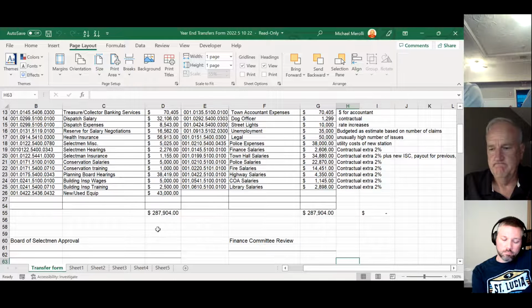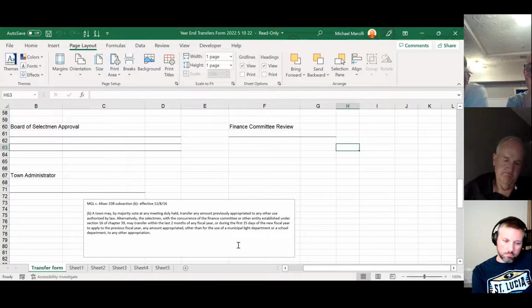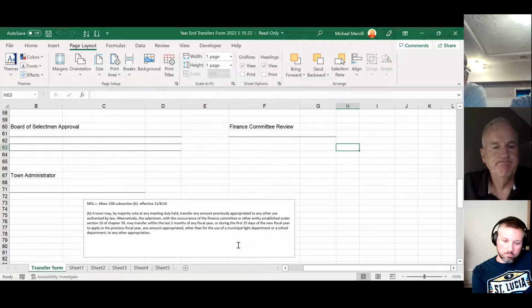She's got it right here. Okay. Let me just read it. A town may, by majority vote of any meeting duly held, transfer any amount previously appropriated to any other use authorized by law. Alternatively, the selectmen, with the concurrence of the finance committee, under section 16 of chapter 39, may transfer within the last 2 months of any fiscal year or during the first 15 days of the new fiscal year to apply to the previous fiscal year any amount appropriated, other than for the use of municipal light department or a school department.